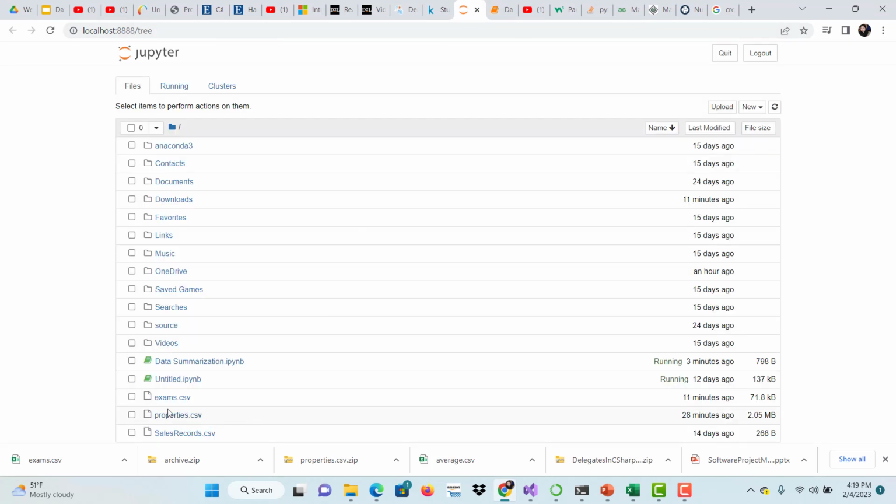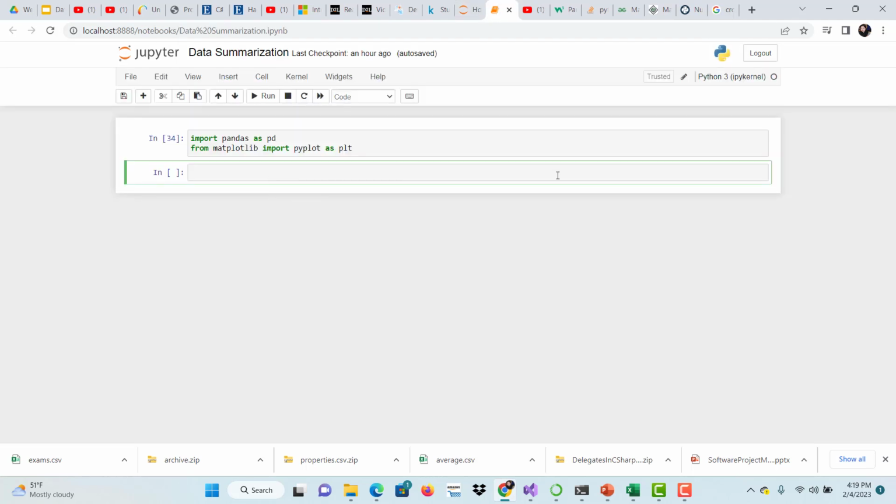Here I have already uploaded this data set in my Jupyter notebook. I hope you still remember how to import it into a data frame. I'll name this data frame exam.